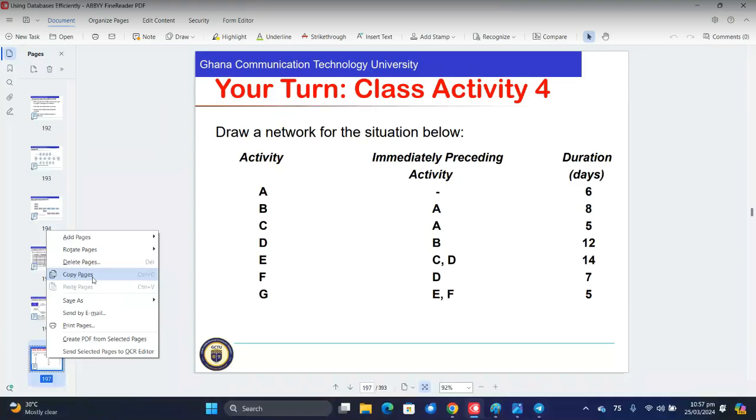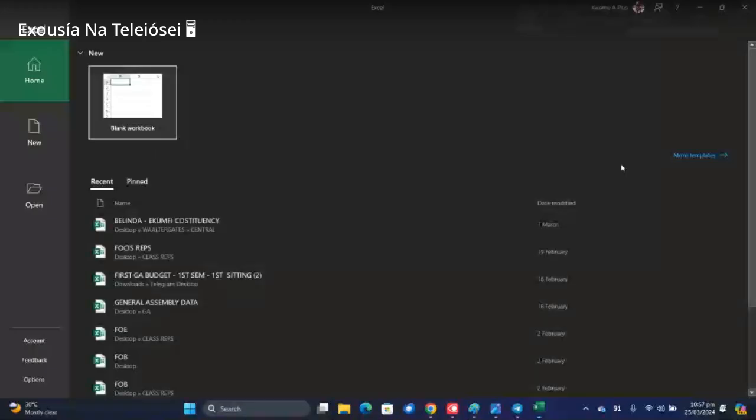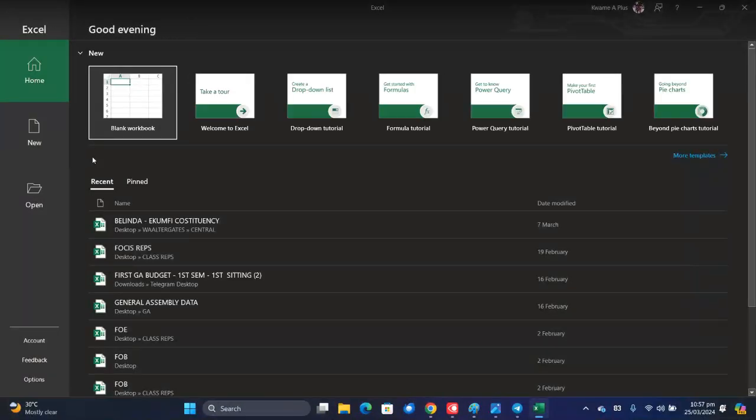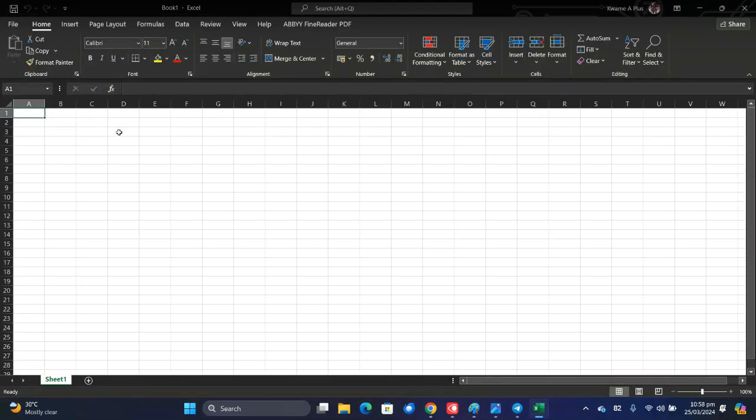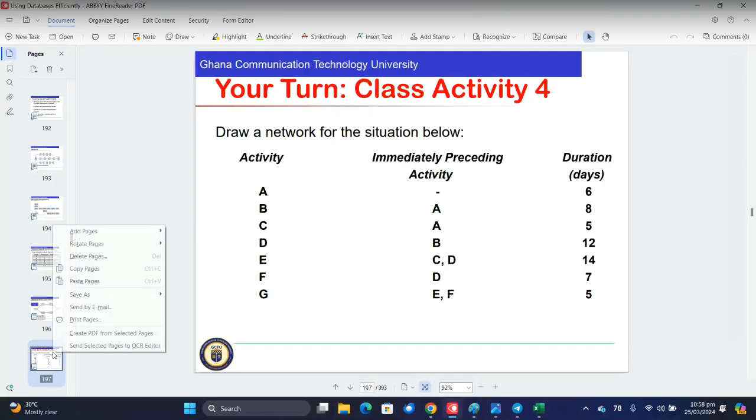Okay, I'm in Excel. Okay, I can't put it in Excel. Create PDF from selected page. I want to create an image from this particular selected page, not a PDF. I'll be glad if I can get an image from this particular page.